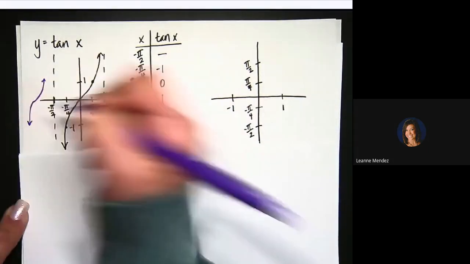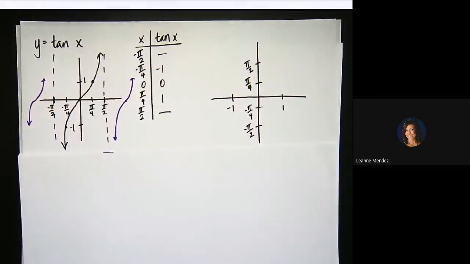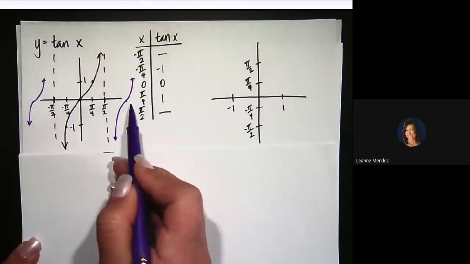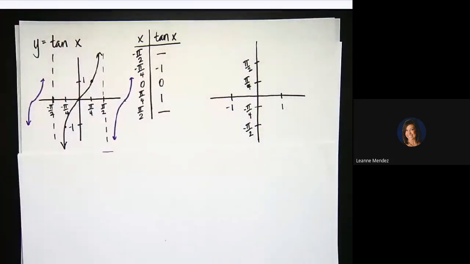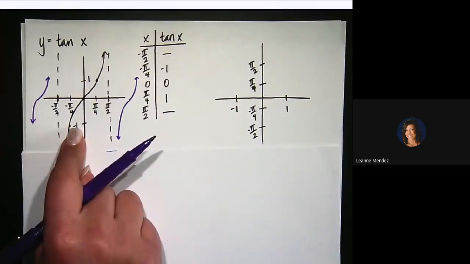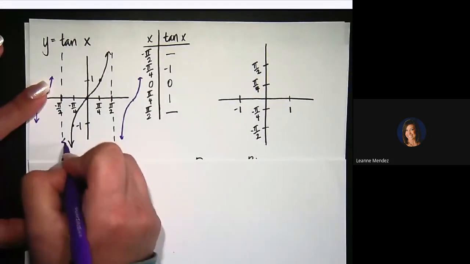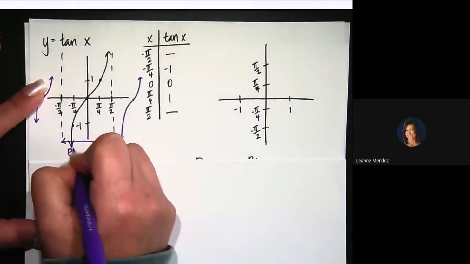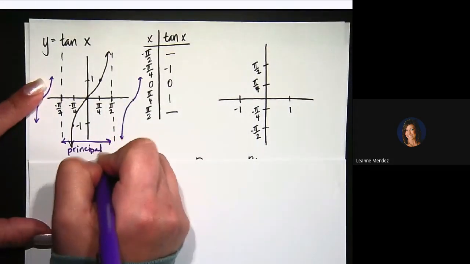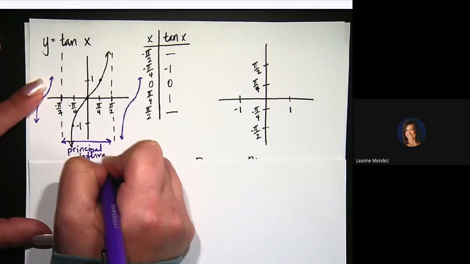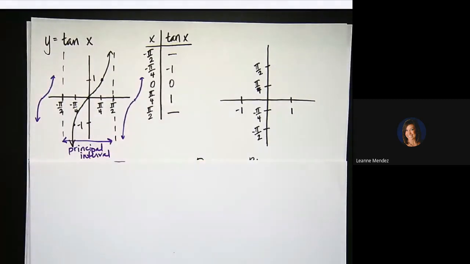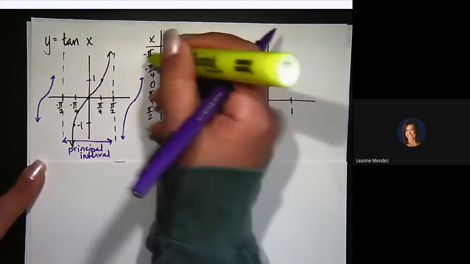Sorry, I'm not graphing them all. But together they fail, but this one period by itself does pass. So we're going to keep that one period as the principal interval right here.